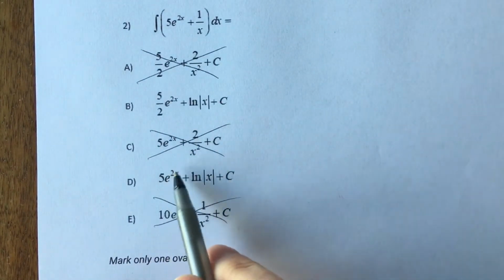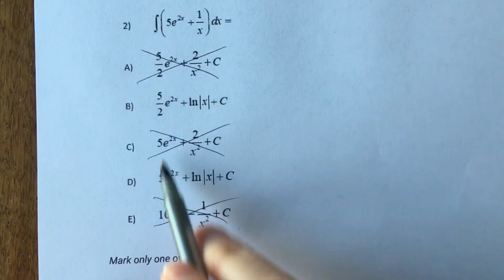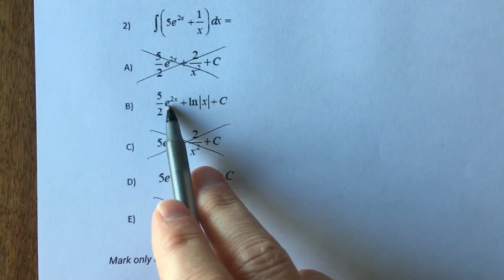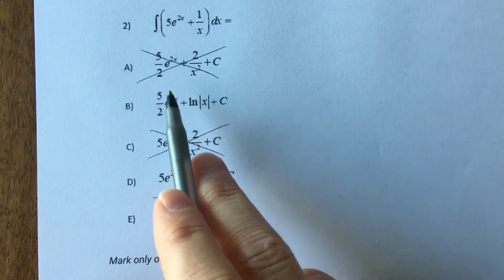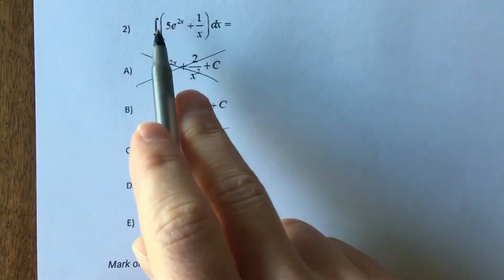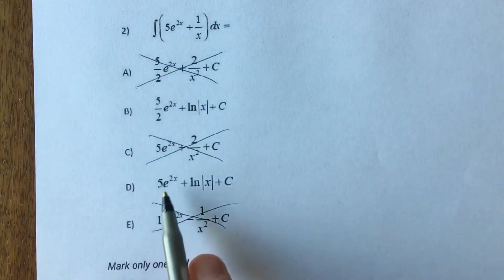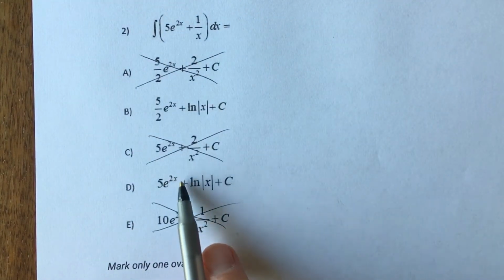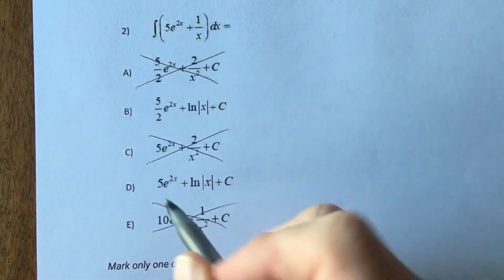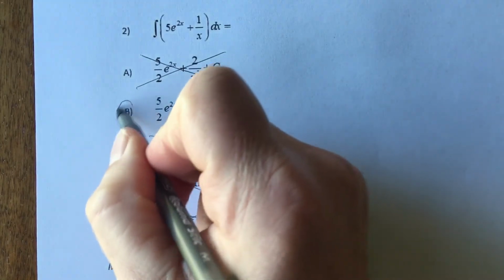And the nice thing about this is we could just take the derivative of both of those and see which one gets us back to here. So the derivative of e to the 2x would be e to the 2x times 2. That 2 times 5 halves would get us back to 5. Whereas down here, when that 2 pops out, it would multiply the 5 and make 10, which is not what we want. So B is our choice here.